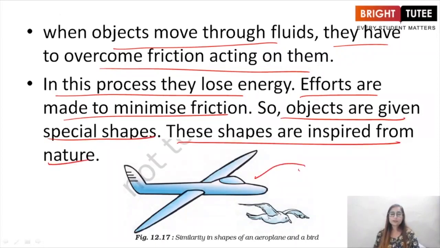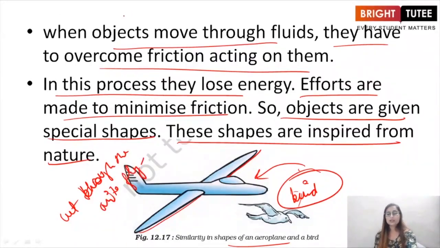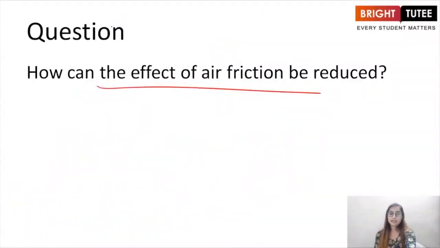For example, an airplane is shaped like a bird to make it easier for it to fly, because its wings cut through the air. Right, so these special shapes are utilized to minimize friction. This is how we can reduce the effect of air friction.